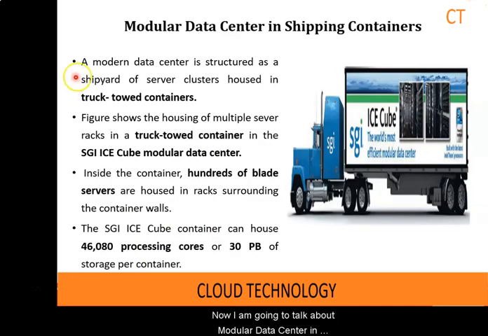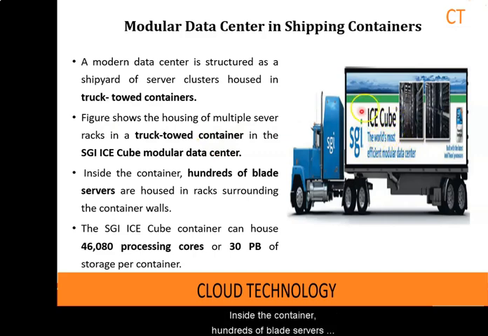Now I am going to talk about modular data center in shipping containers. A modern data center is structured as a shipyard of server clusters housed in truck-towed containers. This diagram shows the housing of multiple server racks in a truck-towed container in the SGI ICE Cube modular data center.